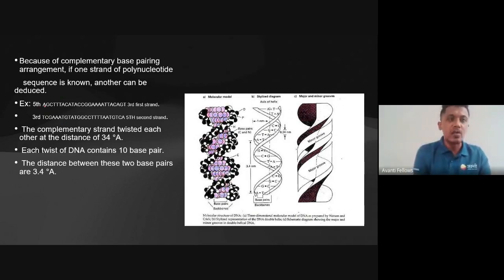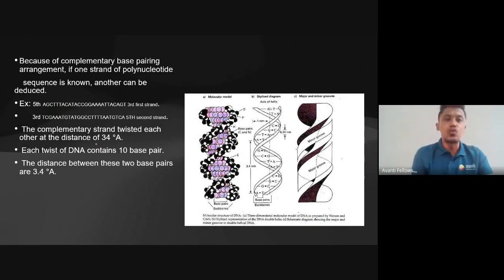You start with A goes with T, then G goes with C, and then C goes with G. Again T, T, T, A. Again A, again T, again C, again G. So this complementary nature is very nice to write and even to predict the other strand of the DNA. Now you have one advantage. If you have one single strand of the DNA, then you can easily predict the opposite strand too, isn't it? So that is the benefit complementation gives us.